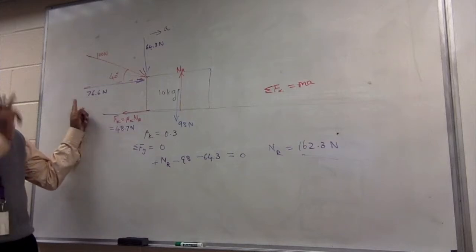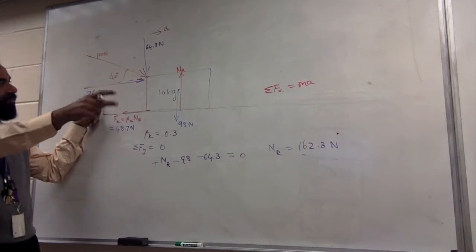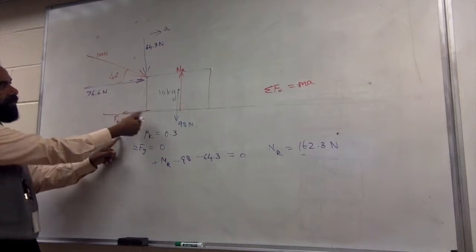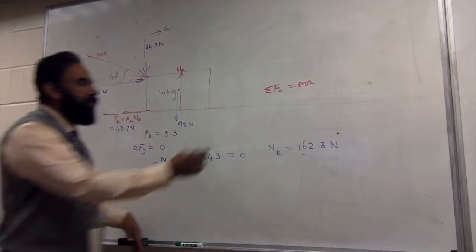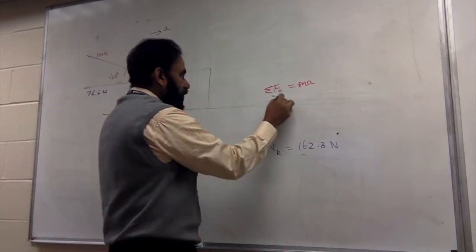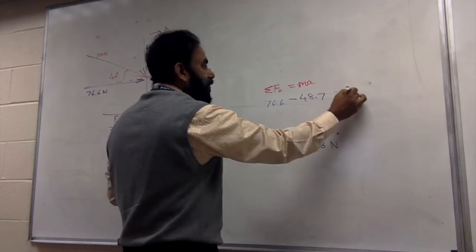And this is forward. Horizontally, these are the only two forces. So the net force is 76.6 minus 48.7 is equal to MA.